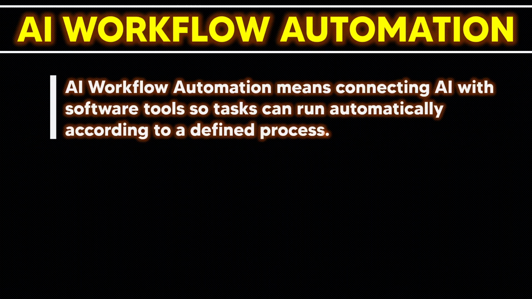Good. Now this AI workflow automation means connecting AI with software tools, so tasks can run automatically according to what you define. We've talked about AI workflow so far. It's just you connecting an LLM to other third-party applications like your Gmail, your WhatsApp, your delivery app on your phone, so it can communicate with it and then generate results for you, right?